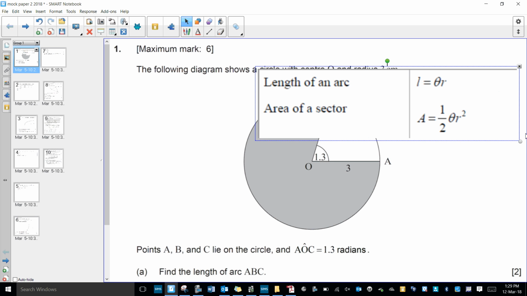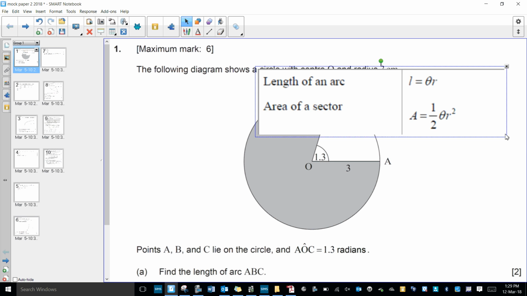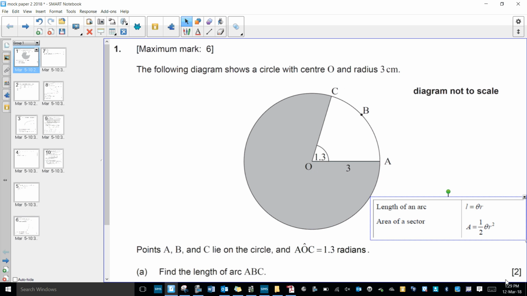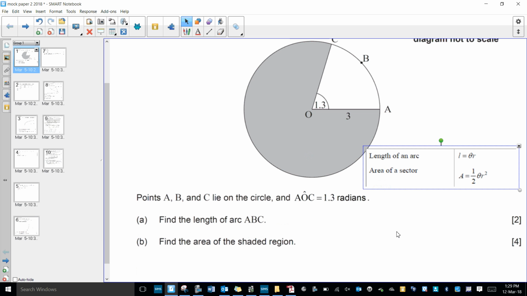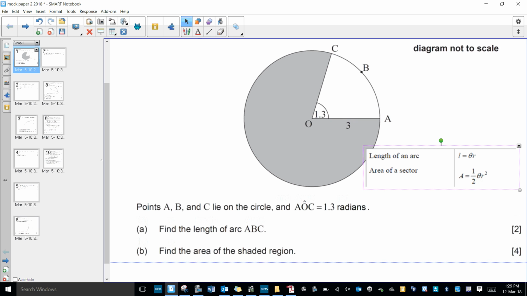Okay, so it's just theta times r. Remember, theta needs to be in radians, but it is already. And so arc length ABC is going to be 1.3 multiplied by the radius, which is 3, so that's 3.9.